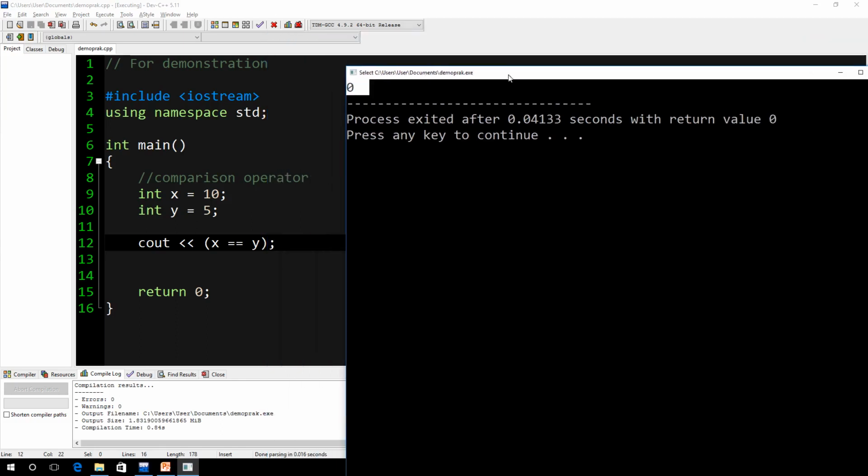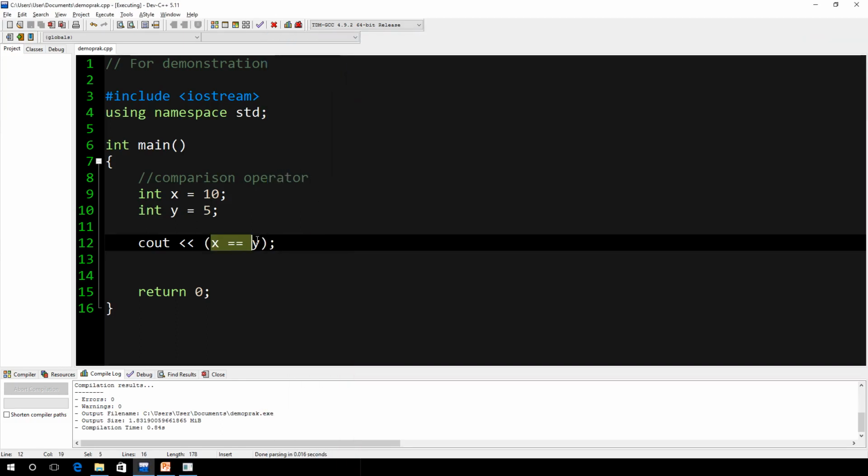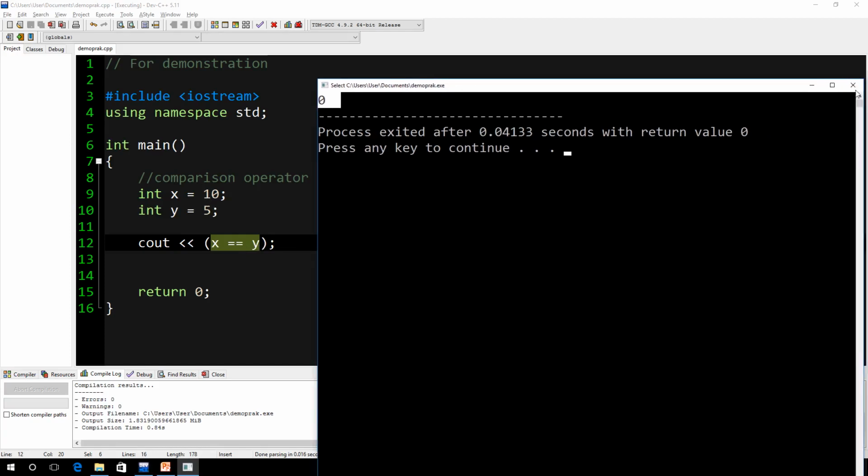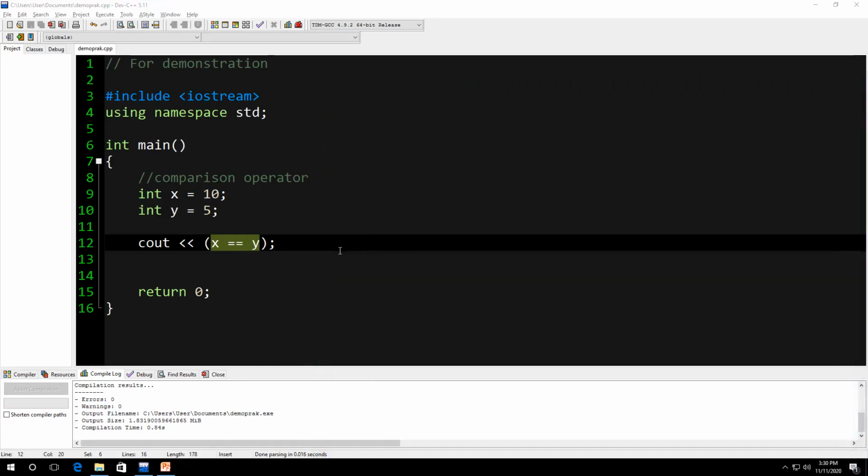So why 0? You are comparing x and y. Is x equal to y? Is 10 equal to 5? Which is false. So it gives you false, which is 0. So that's how you use comparison.